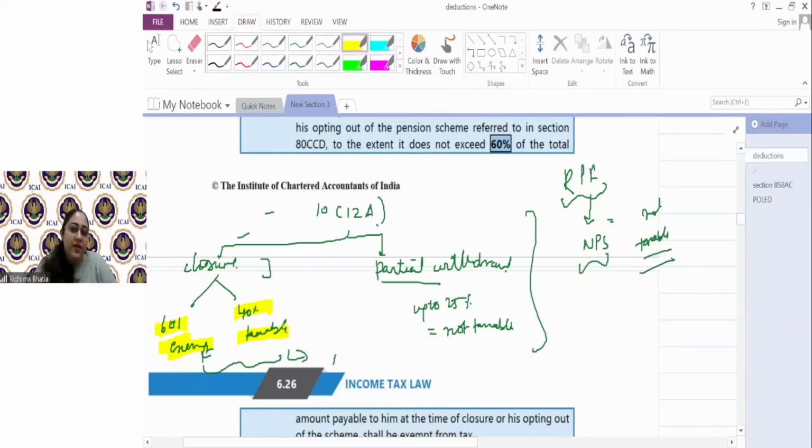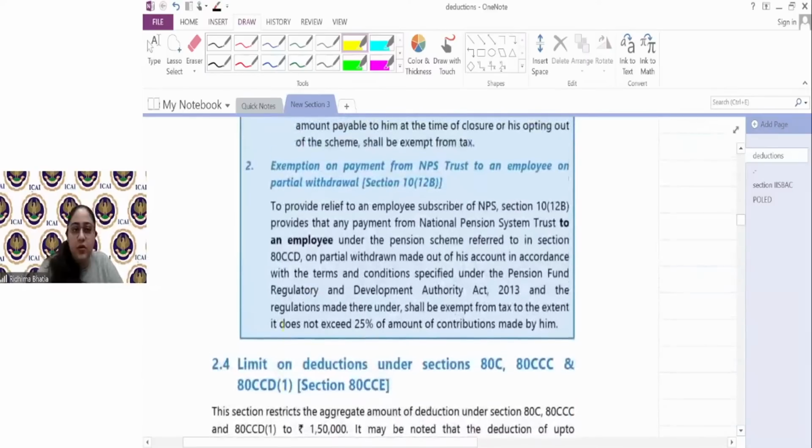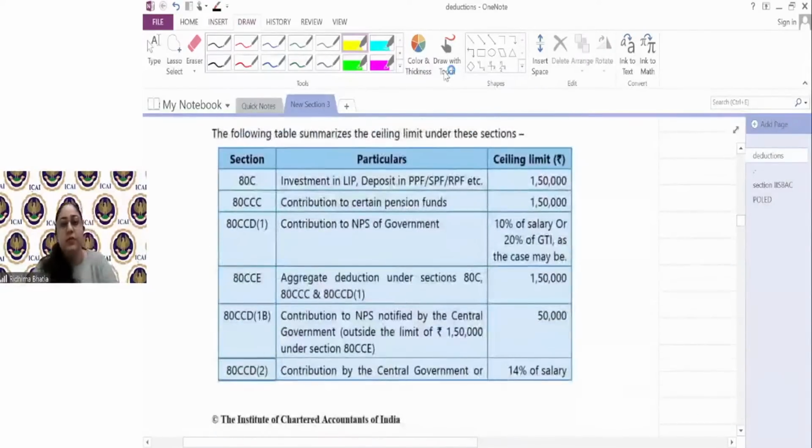So I can withdraw 5 lakh rupees, but since it's a case of partial withdrawal, up to 25% of the total amount would not be taxable. So in this case, 2,50,000 would not be taxable and 2,50,000 would be taxable. So this is about your deemed income concept. Okay. Any other doubt?